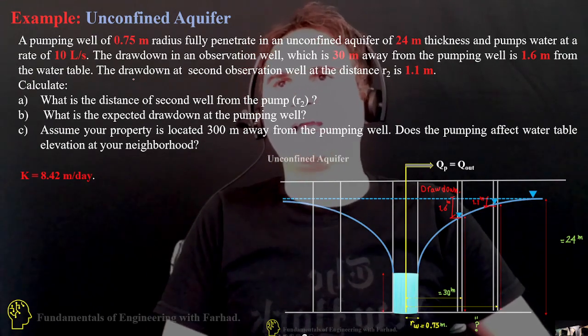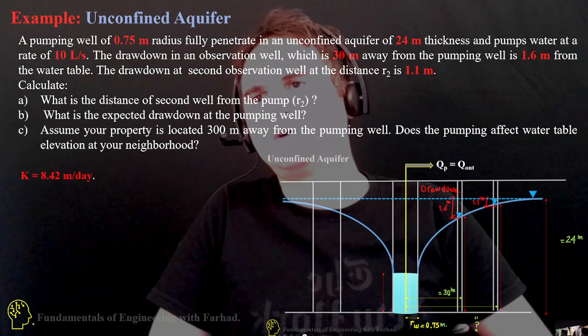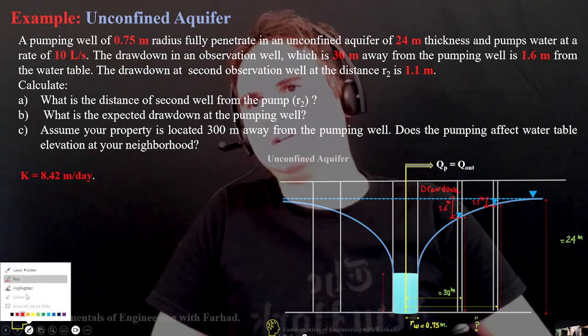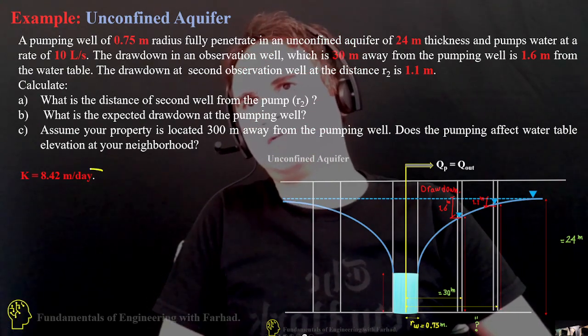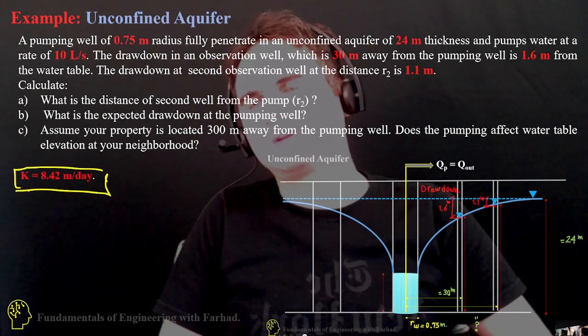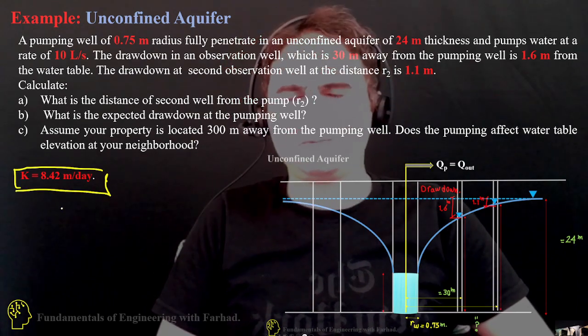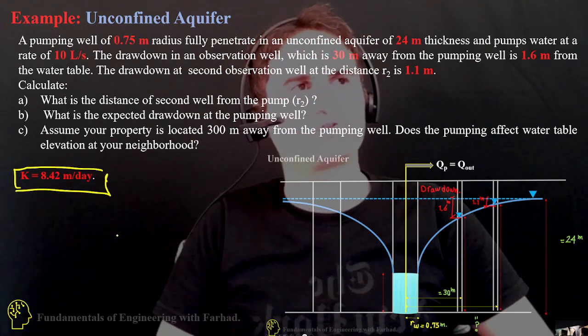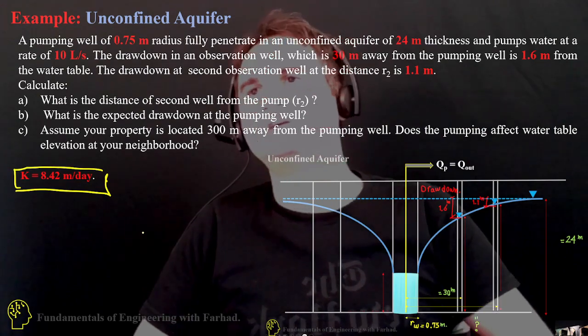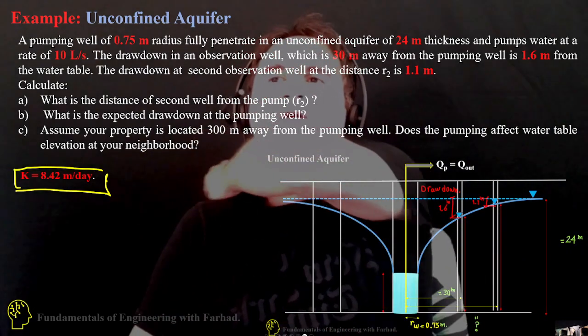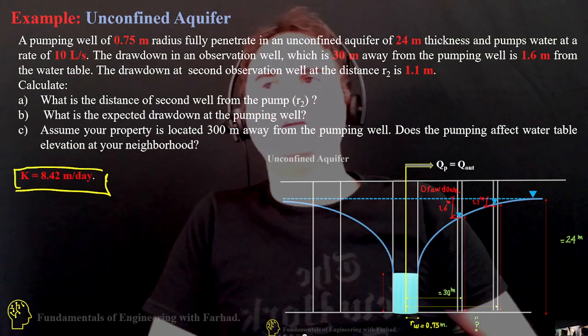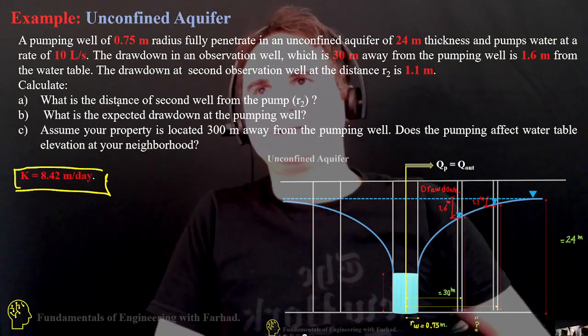Also, the hydraulic conductivity of the soil, or permeability coefficient K, is provided to be 8.40 meters per day.